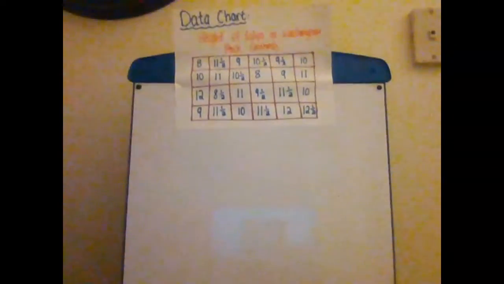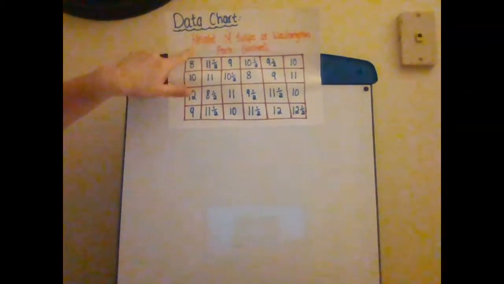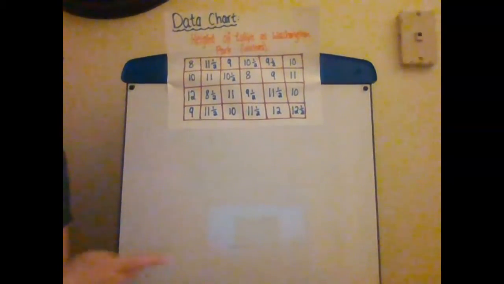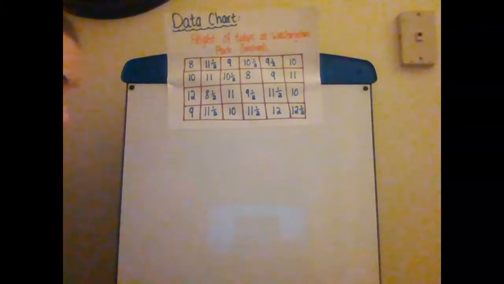Here is the board. I have my data chart up here. The information in my chart that we're going to put on a line plot is the height of tulips at Washington Park in inches. Normally you can go to Washington Park every year and look at the tulips that are there for the Tulip Festival.